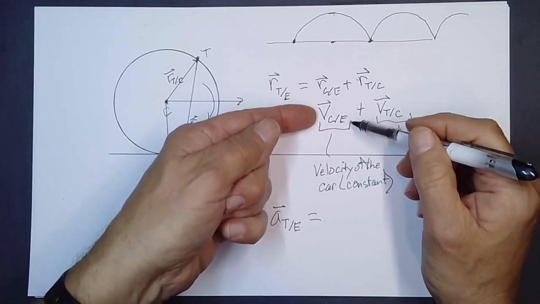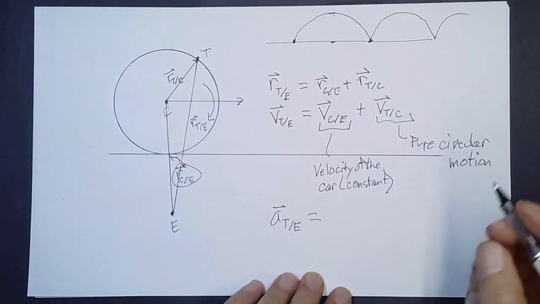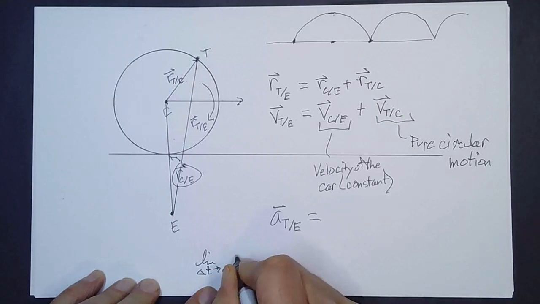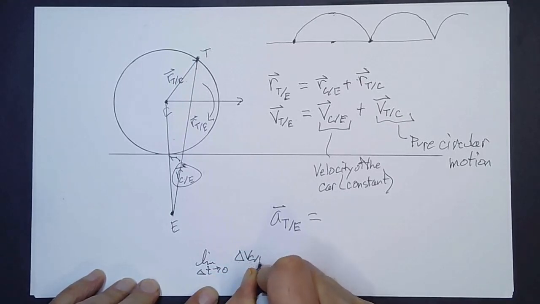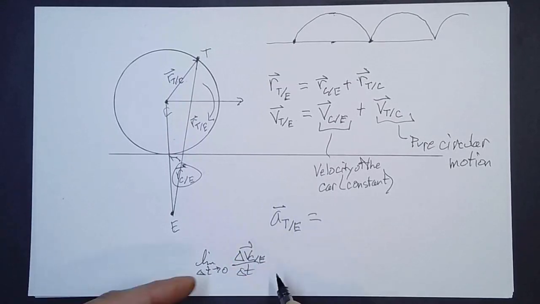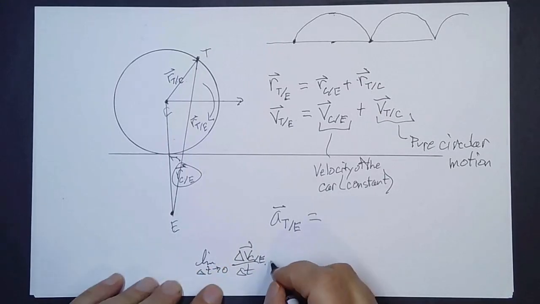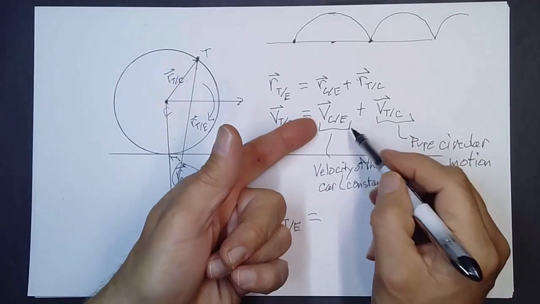Its time derivative is 0, because when you look at the limit as delta t goes towards 0 of delta v c/e over delta t, the numerator is always 0 because it's constant. So that's just 0. And so this one's gone.